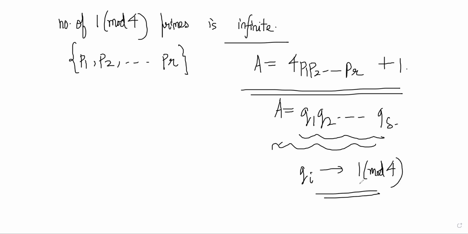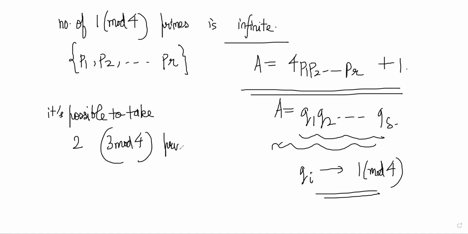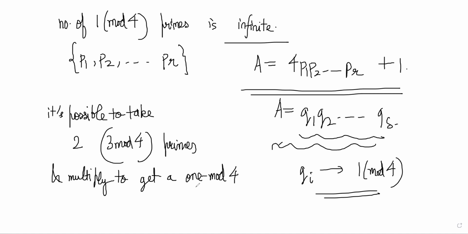But that is not guaranteed because it is possible to take two 3 mod 4 primes and multiply to get a 1 mod 4 number like A. For example, if you take two primes 3 and 7, these are both 3 mod 4 primes, but when you multiply you get 21, which is 1 mod 4.